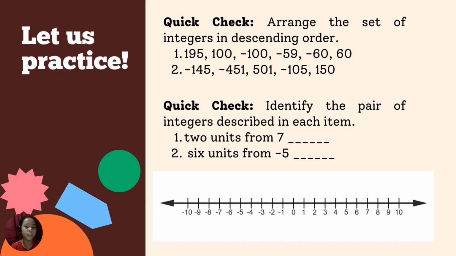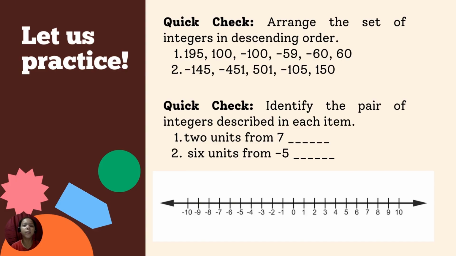Arrange the set of integers in descending order. Descending order means greatest to least order. Number 1. Positive 195, positive 100, negative 100, negative 59, negative 60, and positive 60. The answer is positive 195, positive 100, positive 60, negative 59, negative 60, and negative 100.